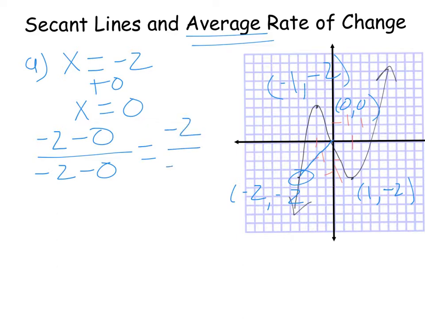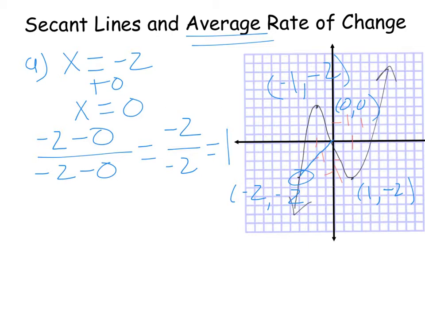So once I identify the 2 points that I'm going to use to form my secant line, it's a slope calculation like you've done who knows how many times over the years. It's just a matter of identifying the 2 points that you need to use. The slope of that secant line is 1. So between -2 and 0, that was the average rate of change that we saw, 1.